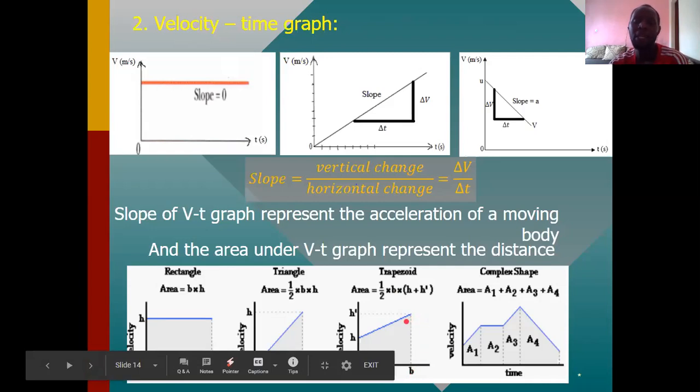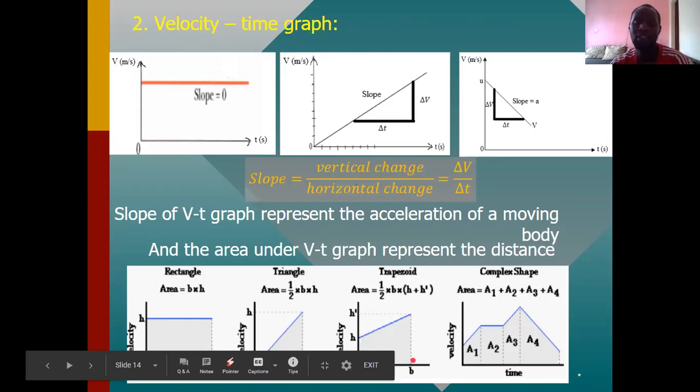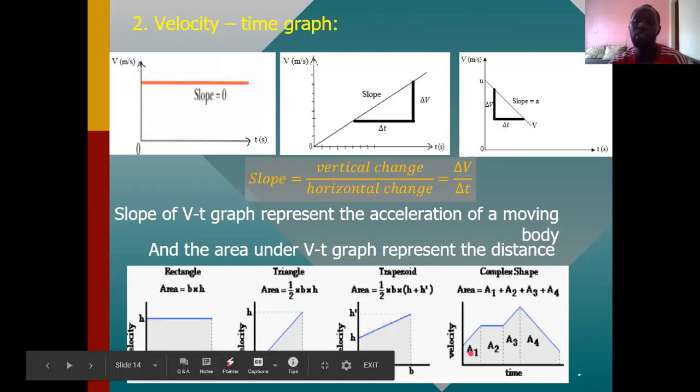The big base of our trapezium is this side, which is h prime. The small base is the other side, which is h. For the complex shape, you calculate area 1, area 2, area 3, and area 4, and then you do the sum.